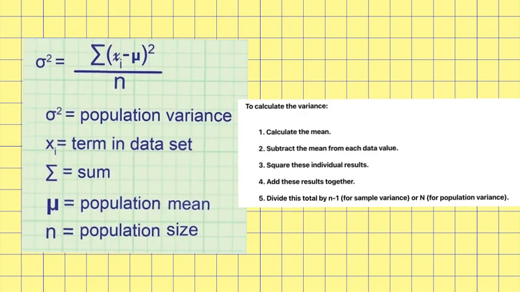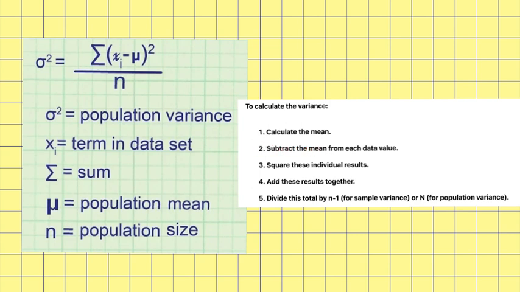So to summarize, the variance sigma squared is equal to the sum of each data point subtracted by the mean, squared, divided by the population size. To calculate the variance, the first thing you have to do is calculate the mean.